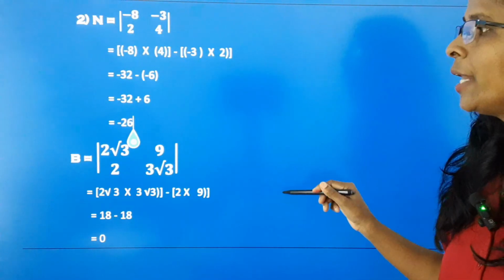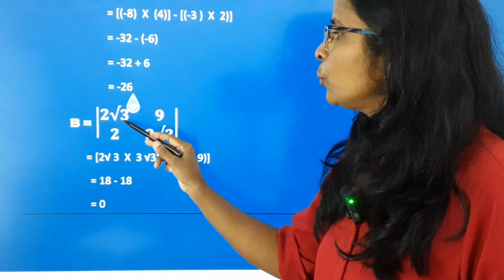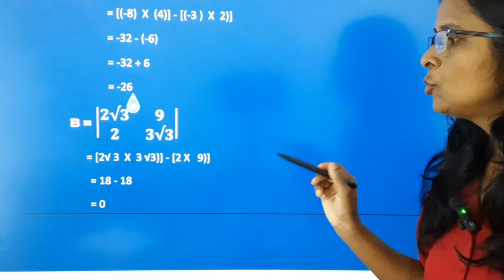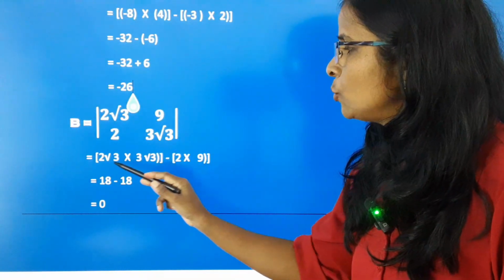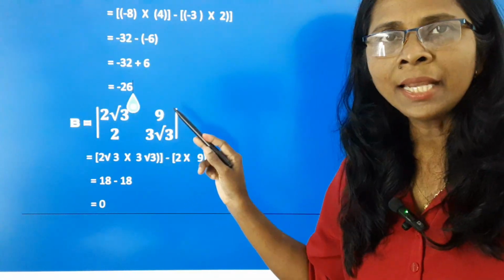Now third example, B is equal to 2 root 3, 9, 2, 3 root 3. So cross multiply: 2 root 3 multiply 3 root 3 minus 2 multiply 9.